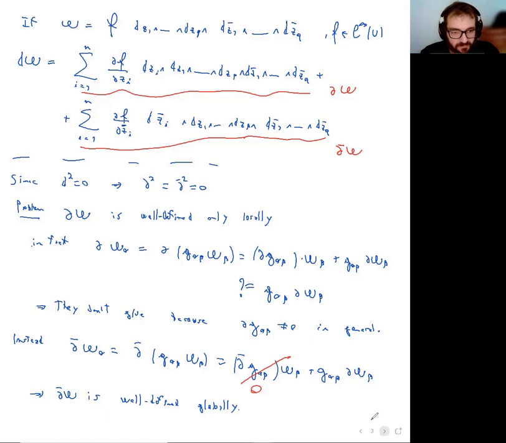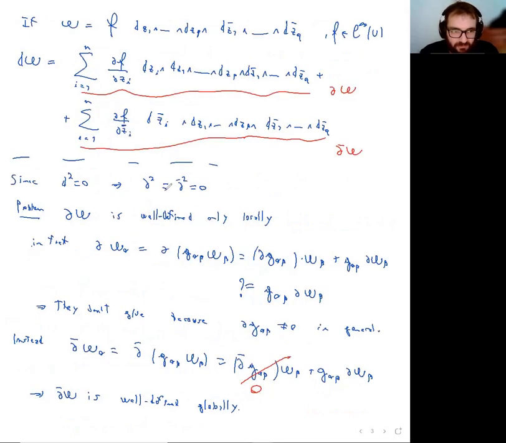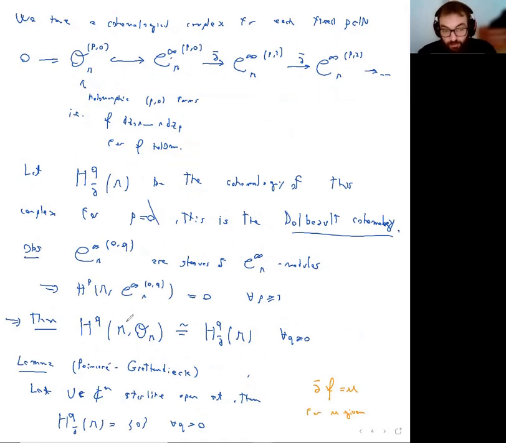The functions are smooth, right? But we ask which ones of the smooth ones are such that this derivative is zero. Are those the holomorphic ones? Exactly, which we also saw here.